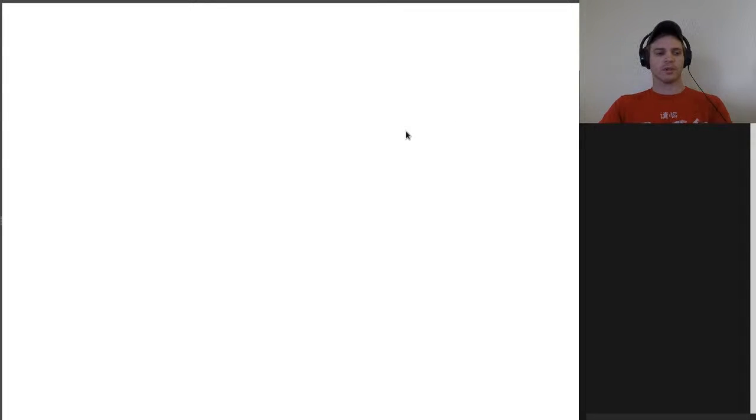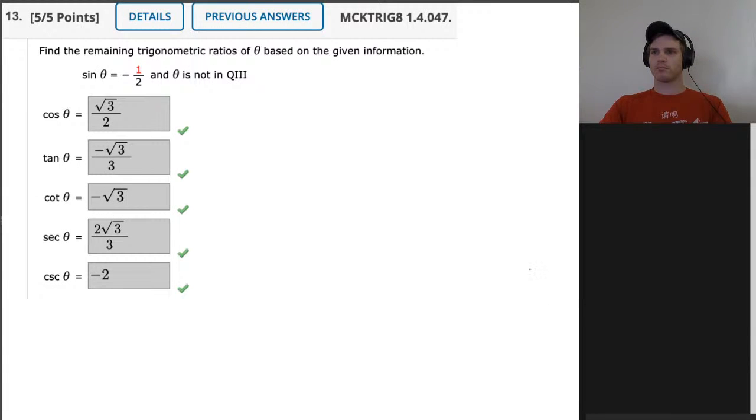Okay, so we got that. Let's do another one. These ones are really nice problems. They're just super quick hitters and easy. So find the remaining trigonometric ratios of theta based on the given information. They're going to give you enough information to figure out one of the trig ratios and what quadrant you're in.